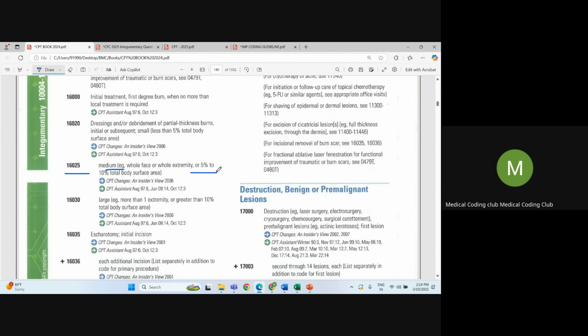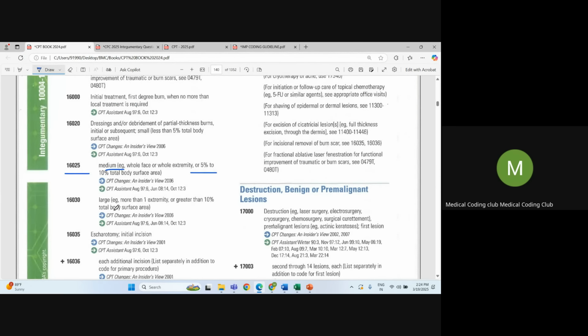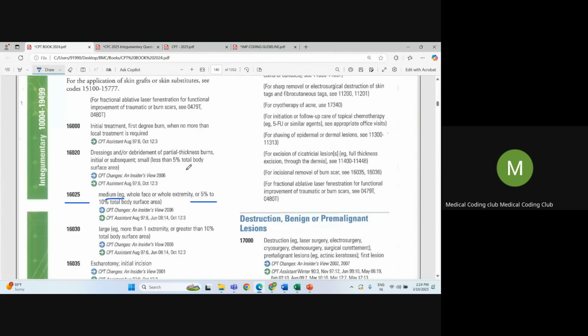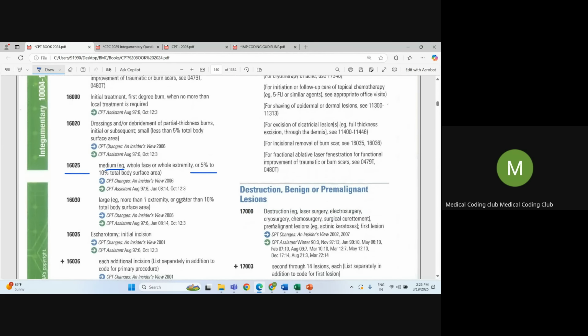In our question we have 8%, so our code should be 16025. Okay, so the answer should be option B, where 8% is there.